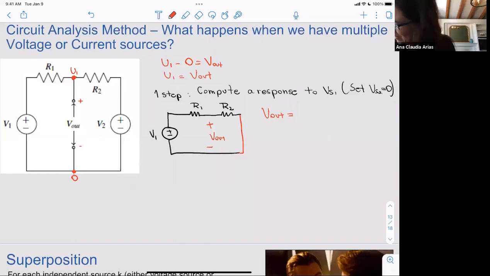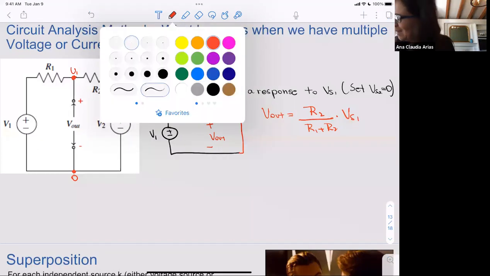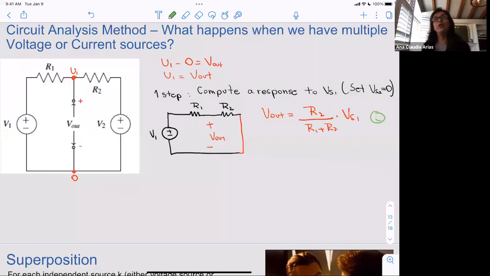So V out is going to be R2 over R1 plus R2 times VS1. Oh, this makes me so happy. Voltage divider. Very good. You see, we do things for a reason here.